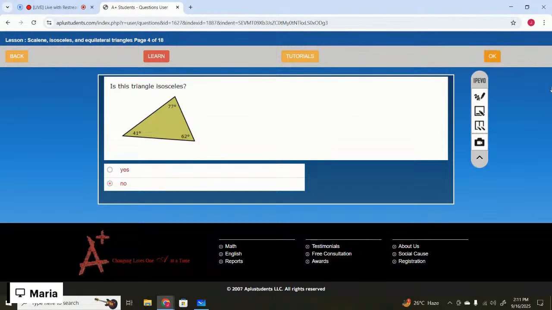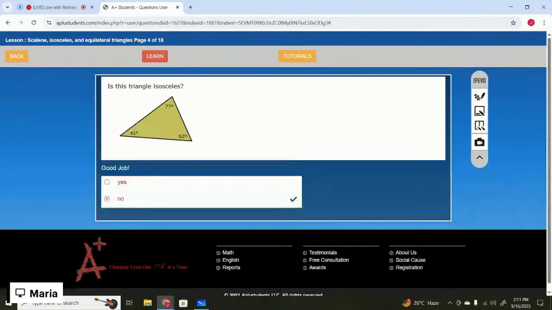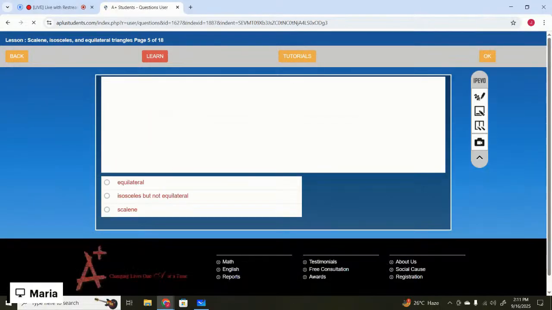No, that is not an isosceles triangle. What kind of triangle is this? Equilateral, isosceles but not equilateral, and scalene. So, which is the correct option? That is isosceles, like two of the sides are equal but not equilateral. Option two is the correct option.